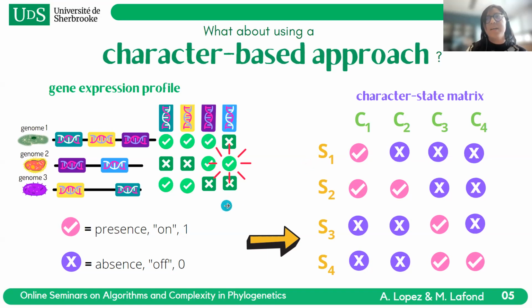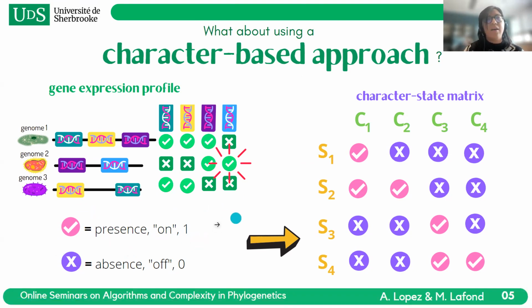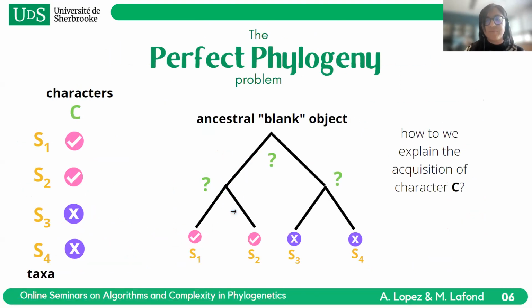And we have two binary states to indicate whether the gene was expressed or not, which I will represent throughout this presentation by this check token that we call a presence token, an on token, or you can see it also as a one, and a cross token, which can be seen as an absence, an off state, or a zero state.